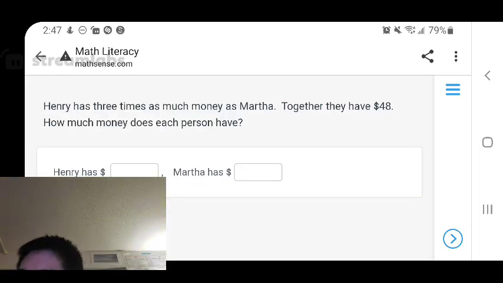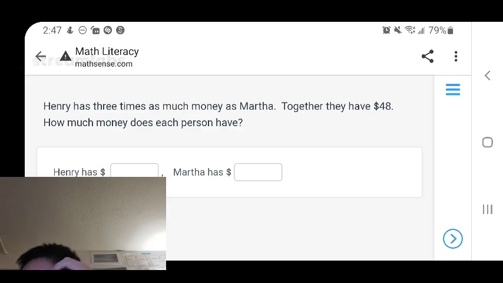Alright, Henry has 3 times as much money as Martha. So you do the x strat. Let's say 3x is Henry's money, and Martha's money is x. Together they have $48. Yep, number 5 prepared me for this.